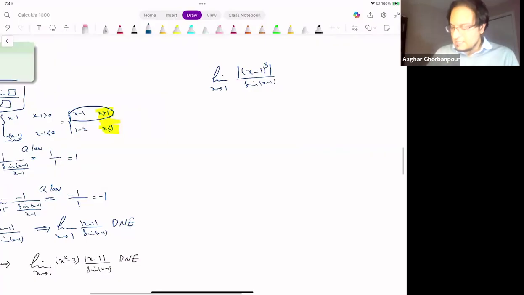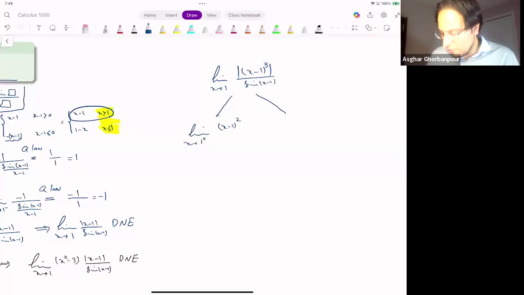In that case, if you split this up, you get the positive side limit, x minus 1 squared over sine of x minus 1 over x minus 1. Now you can use the quotient law. This will be 0 over 1, that is 0.